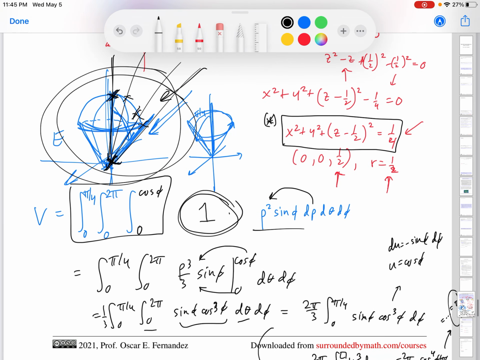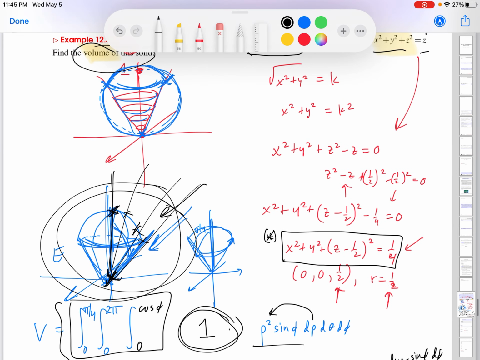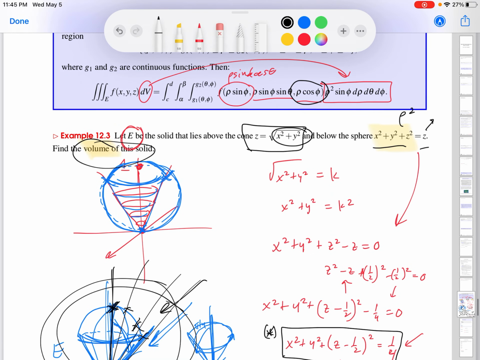When we converted it down here, I kind of erased it, but we got, I believe, rho squared sine squared phi. Well, after we took the square root, we got rho sine phi. So this x squared plus y squared converts to rho squared sine squared phi, which is fairly nice.